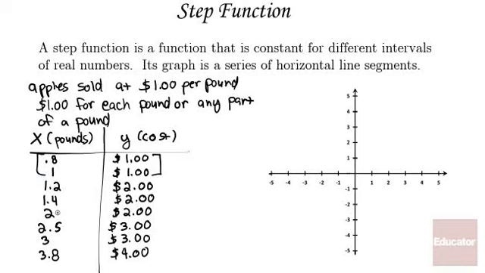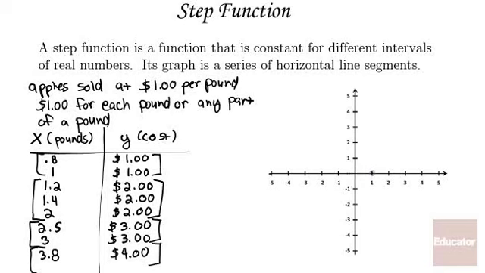It's $1. For the next interval, which is just above 1 all the way to 2, including 2, it's going to be $2. Once I get above 2, up to and including 3, it's $3, and so on. So this is constant for different intervals of real numbers.